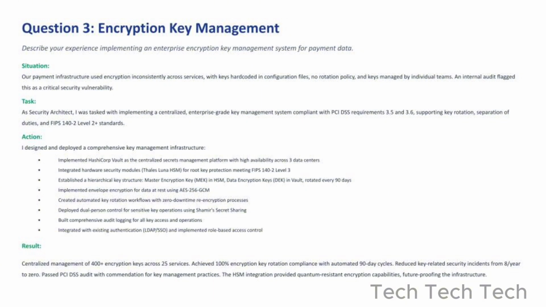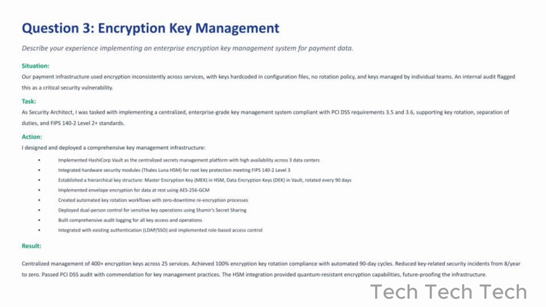Action: I designed and deployed a comprehensive key management infrastructure. Implemented HashiCorp Vault as the centralized secrets management platform with high availability across 3 data centers. Integrated hardware security modules, Thales Luna HSM, for root key protection meeting FIPS 140-2 Level 3.